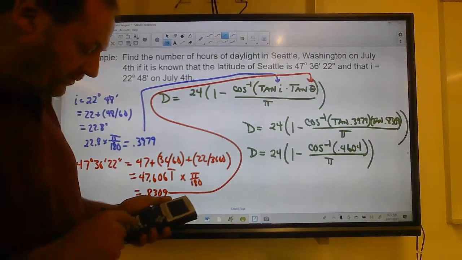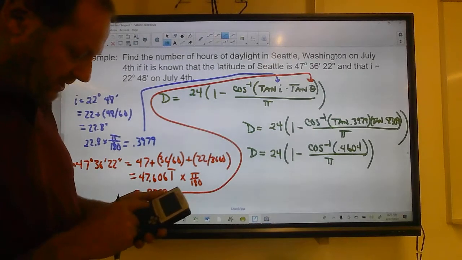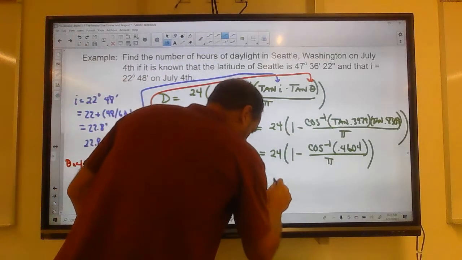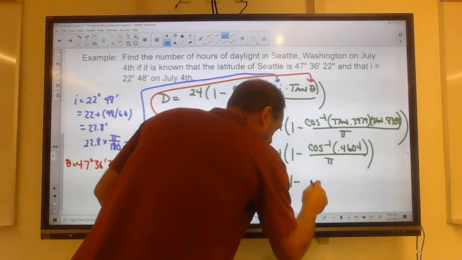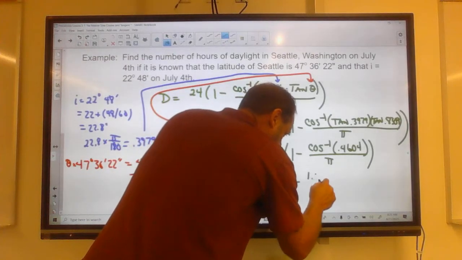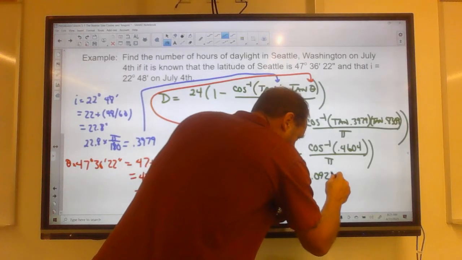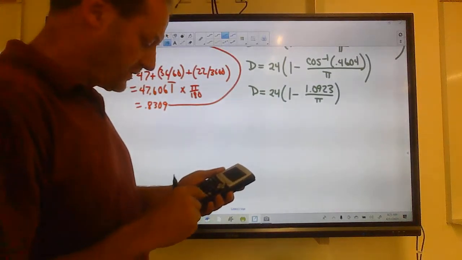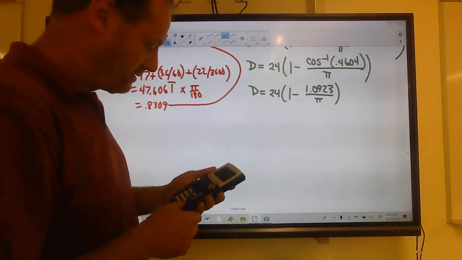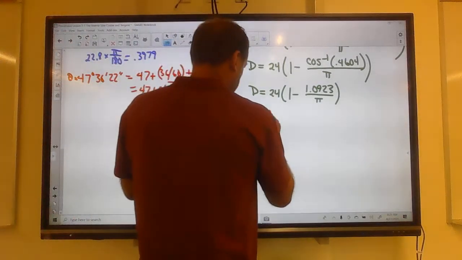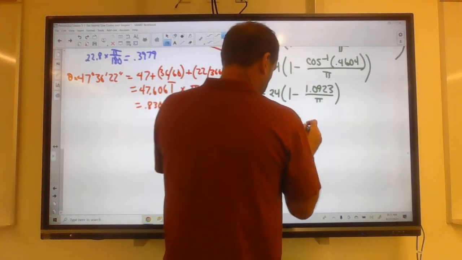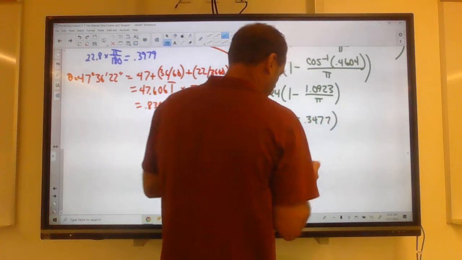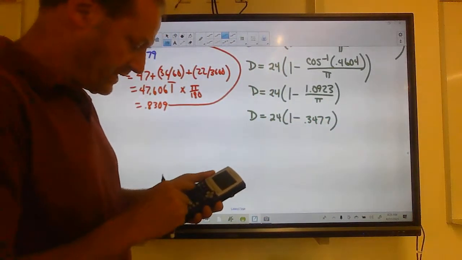Next I'm going to take the arc cosine of this. So arc cosine answer, and I get D is 24 times 1 minus 1.0923 over pi. Now I'll divide by pi. D is going to be 24 times 1 minus 0.3477. So 1 minus answer.